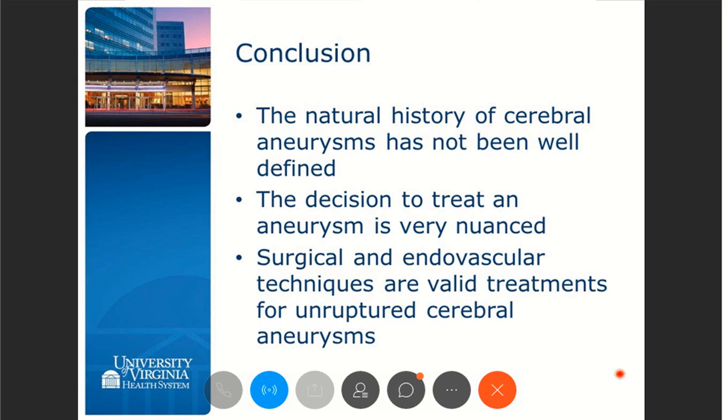But then I will typically try to transition over at some point to MRA to follow the patient without the use of radiation. And what I've been doing is following these patients sort of at doubling times, so a year, then 2 years, 4 years, et cetera.